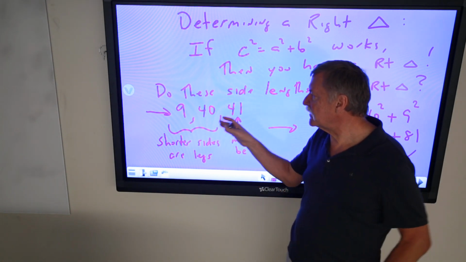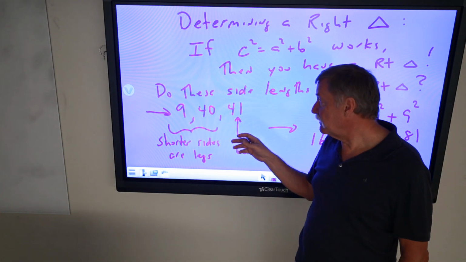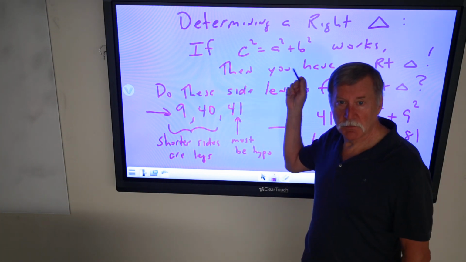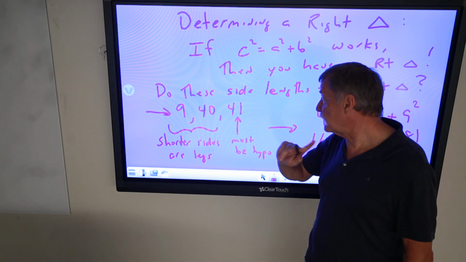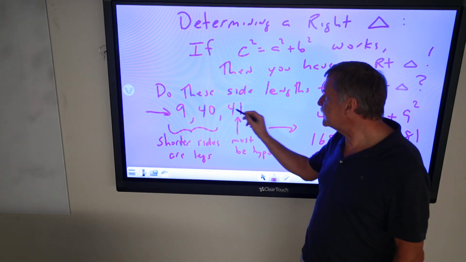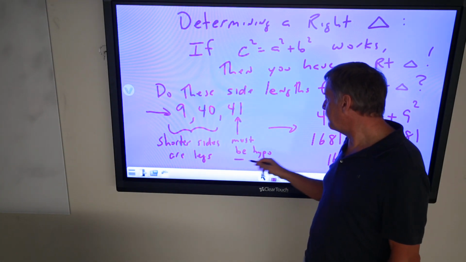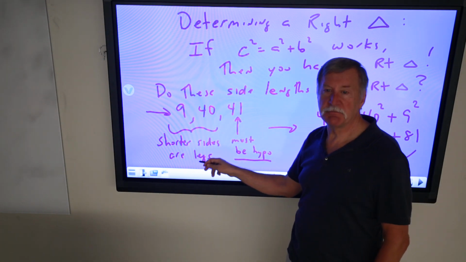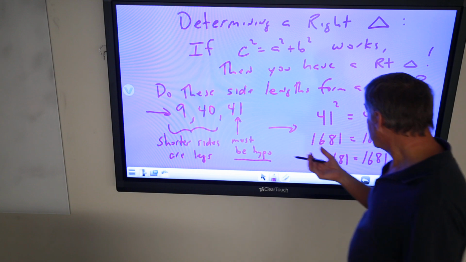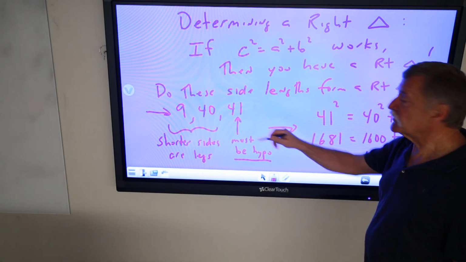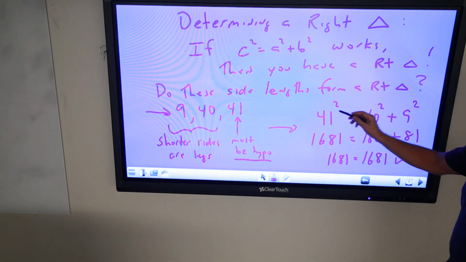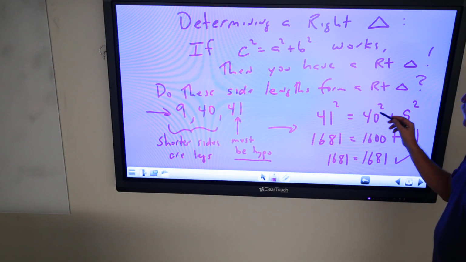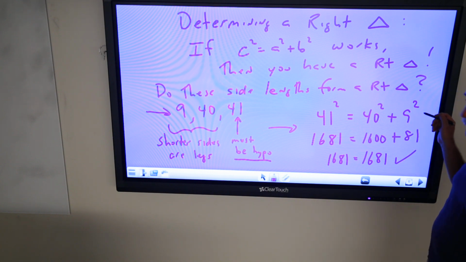If this is a right triangle, then the Pythagorean theorem is going to work. So remember, the longest side, 41, must be the hypotenuse, and the 2 shorter sides have to be the legs. So, if this is a right triangle, this should work. 41 squared should equal 40 squared plus 9 squared.